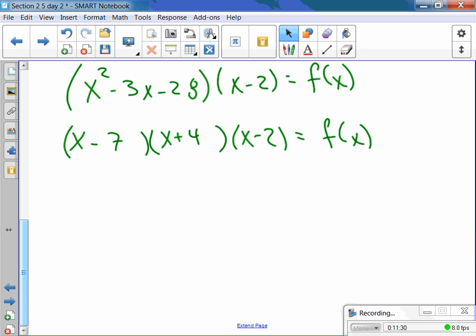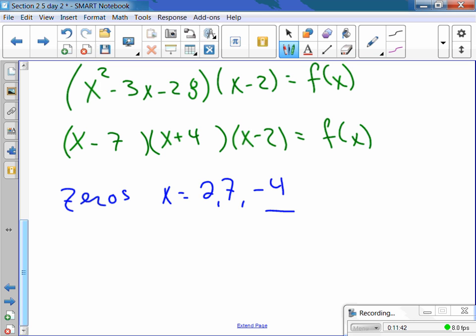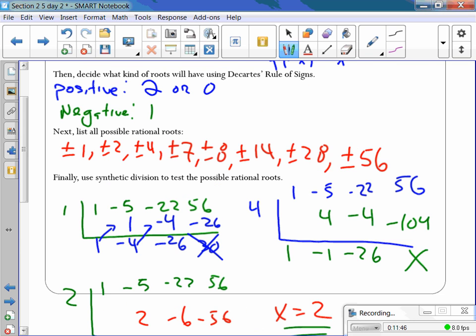And so what are my zeros then? 7, -4. So I have 1 negative and 2 positive.